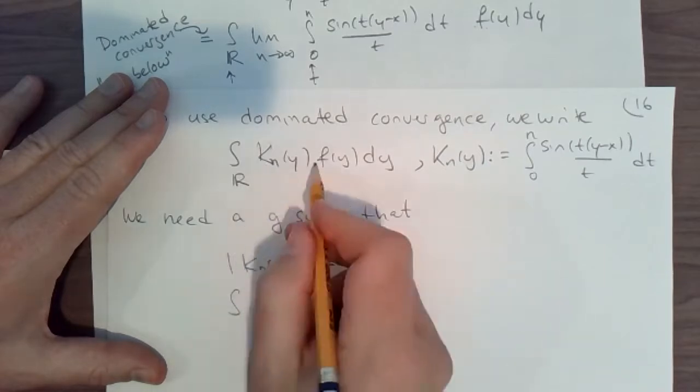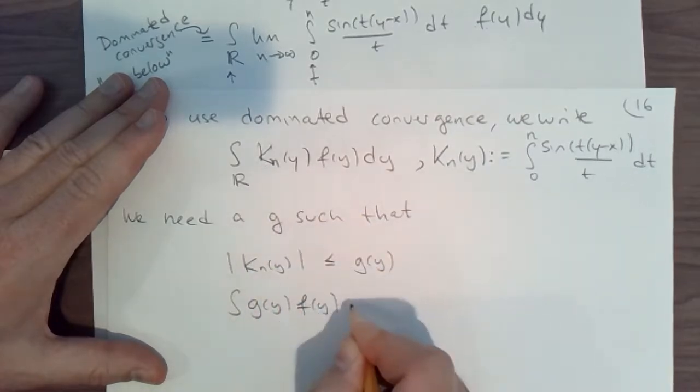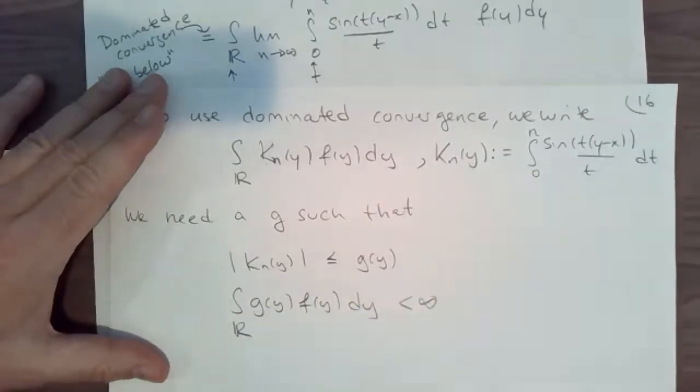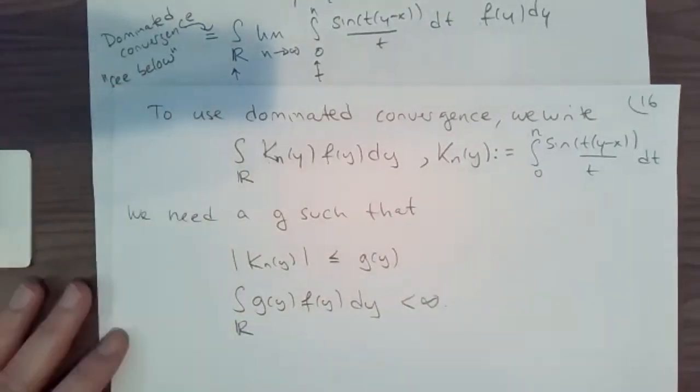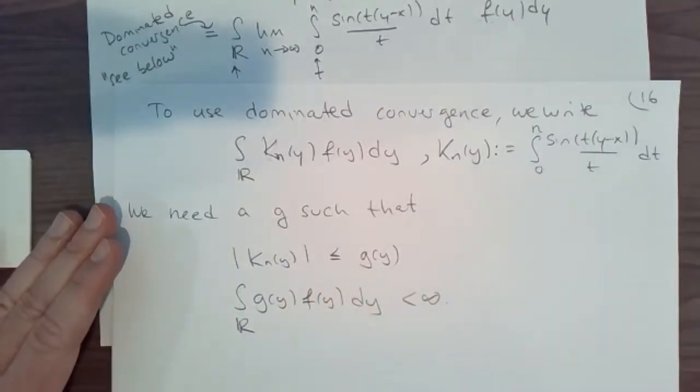So instead of K_n, I'll write g of y, f of y, dy. This is going to be finite. So can I find some g that will do this trick?